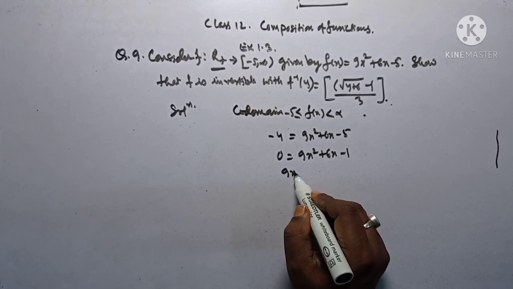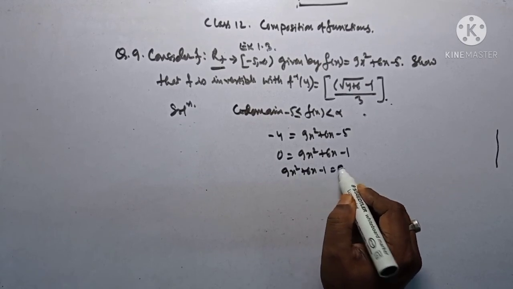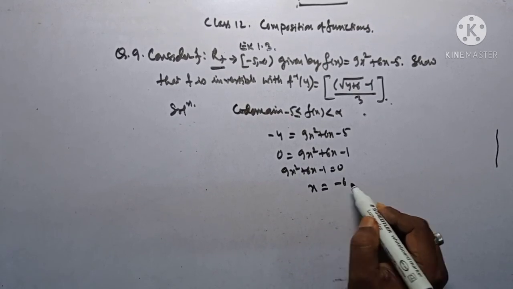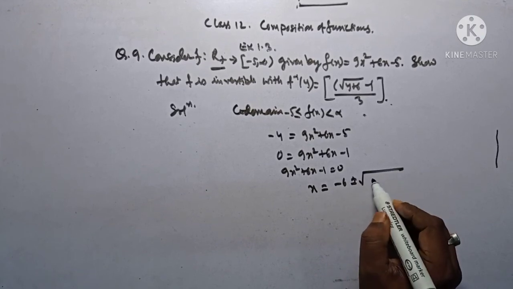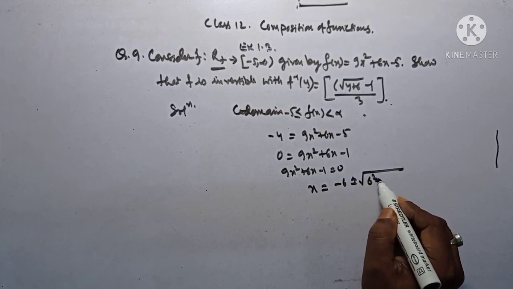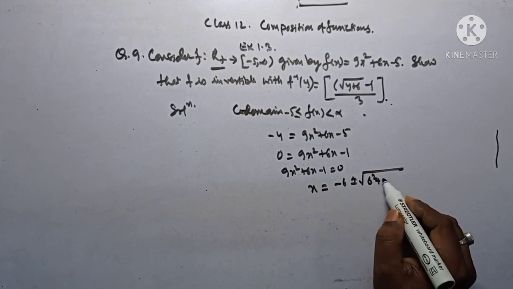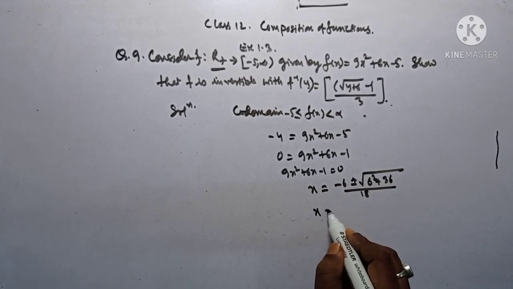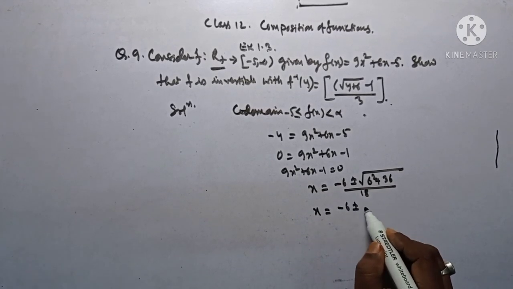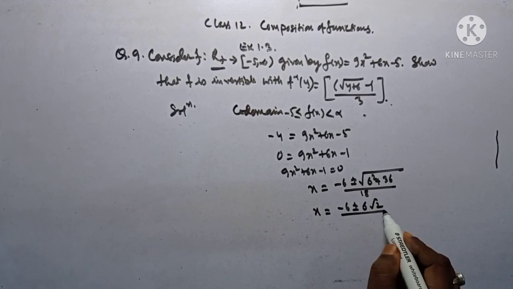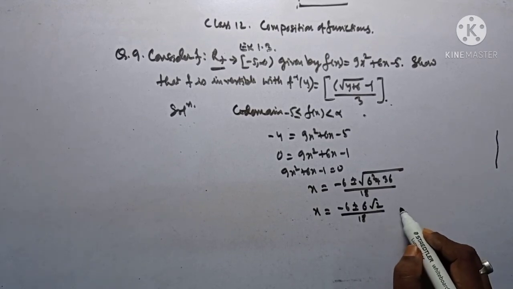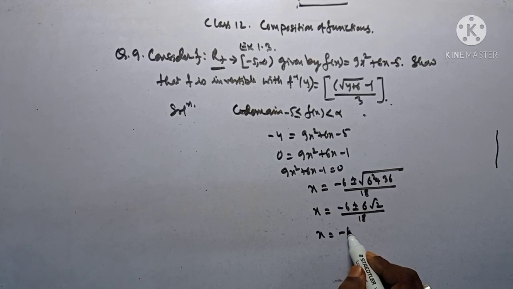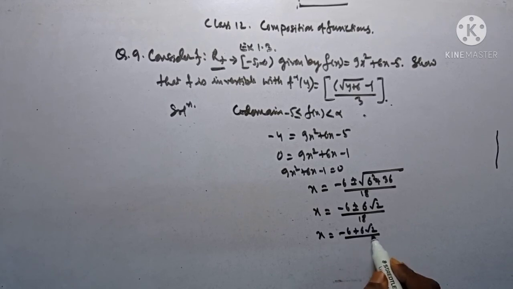Now 9x square plus 6x minus 1 equal to 0. You find the value of x. Minus 6 plus or minus root b square, that is 6 square, minus 4ac, 4 nines are 36, by 18. So x equal to minus 6 plus or minus root 36 plus 36, that will be 6 root 2 by 18. So your x will be minus 6 plus 6 root 2 by 18.